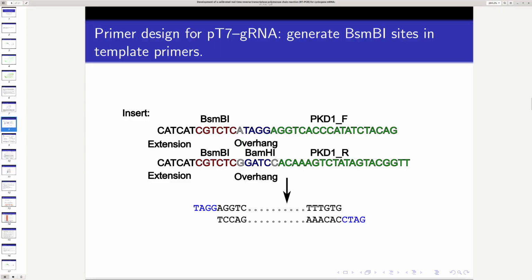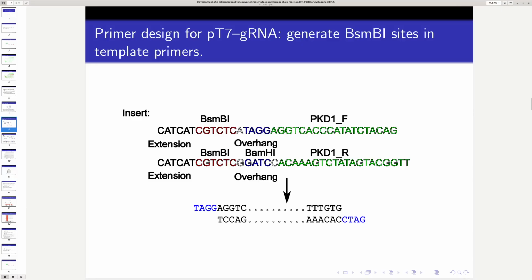We've got a forward primer for Pkhd1, so those will prime on a Pkhd1 cDNA or plasmid. Okay, we have a BsmBI site here, a little extension here so that the BsmBI can catch on to the PCR generated DNA, and then it will cut and give us this sticky end here, TAGG.